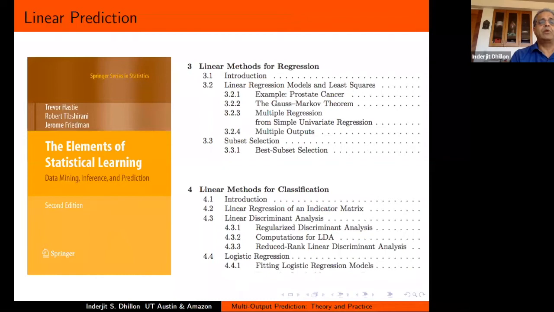And if you really look at textbooks, you can see that, for example, this is the textbook by the Stanford statisticians, Hastie, Tibshirani, and Friedman. Chapter 3, linear methods for regression. Chapter 4, linear methods for classification. And then there is a very small section in this chapter.